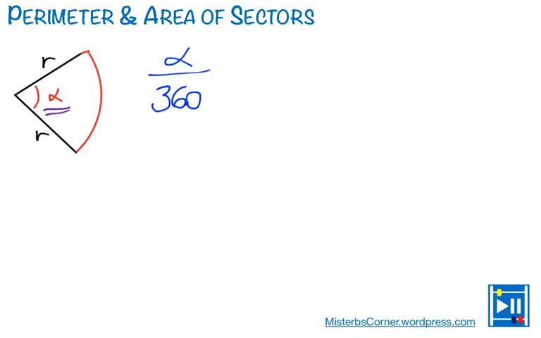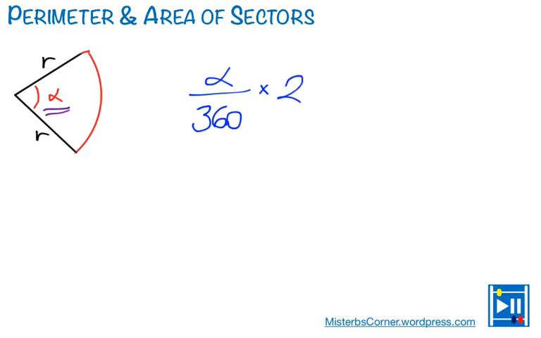Now, for the arc length, I'm going to use this with the circumference. So it's going to be alpha over 360 times 2 pi r. This is going to be my arc length, right?